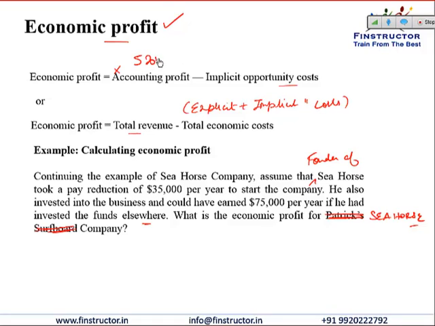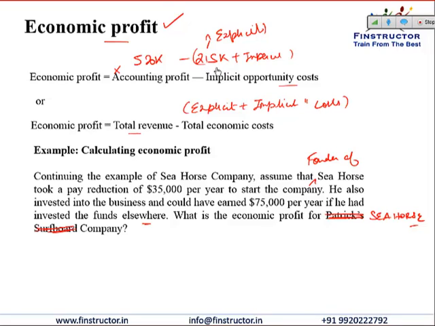So we had the revenue, we had the explicit costs, and we now need to see the implicit opportunity costs. So when he started the business, he earned a revenue of $520,000, and the direct expenses or the explicit expenses that he had to pay upfront for the various raw materials, interest expense on the debt, etc., was $215,000.